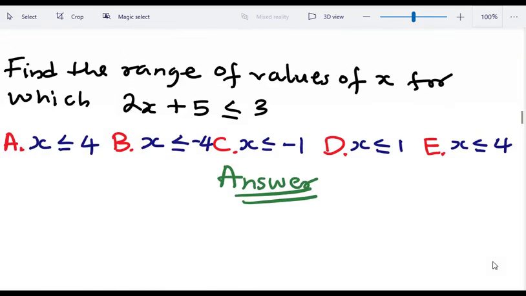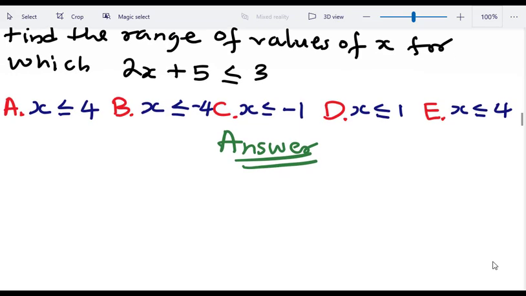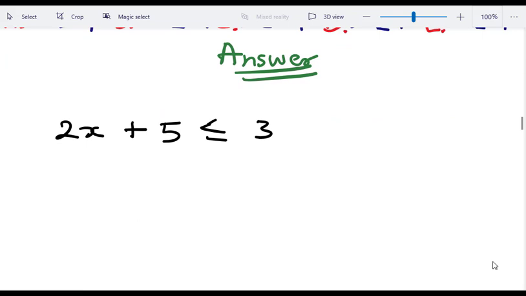The question says, find the range of values of x for which 2x plus 5 is less than or equal to 3. So we must come here and bring down the question, which is 2x plus 5 less than or equal to 3. As expected, the same way we treat linear equation, we have plus 5 as a constant, and we have 3, which is also a constant. So we have to collect like terms.